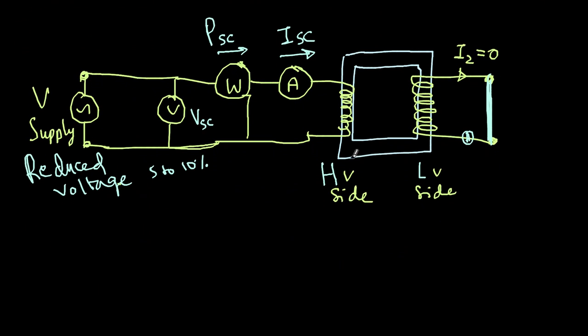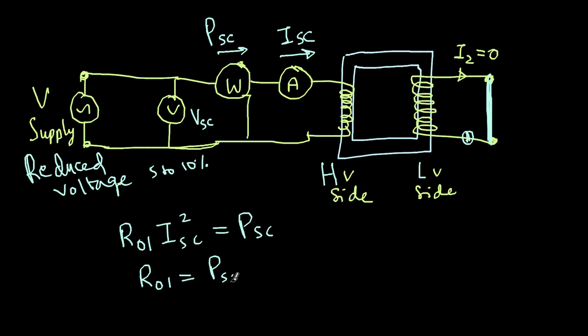And then if I know the full load copper loss, then, assuming this HV side is the primary side, R01 into ISC square is nothing but PSC. So PSC is measured, ISC is measured. Therefore, I can find R01 as PSC divided by ISC square. So just by this calculation, I know what R01 is.